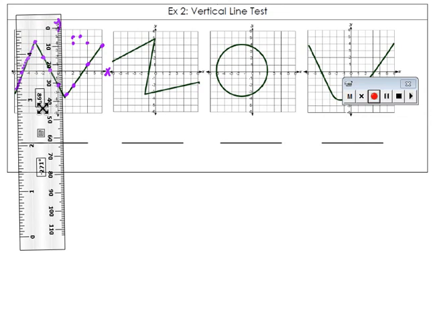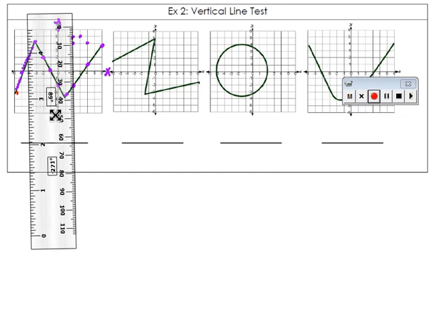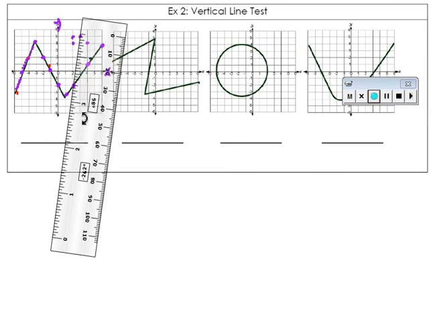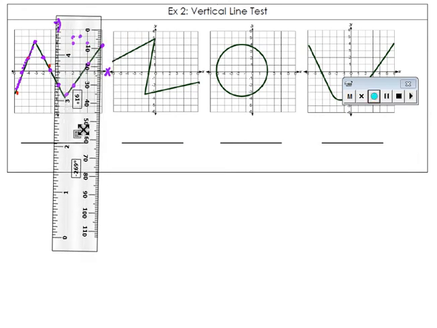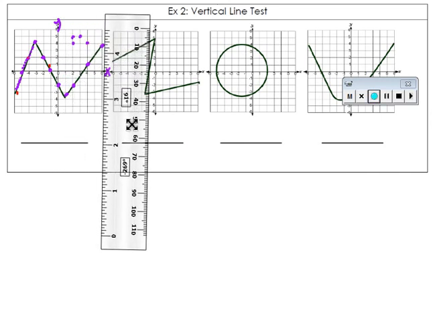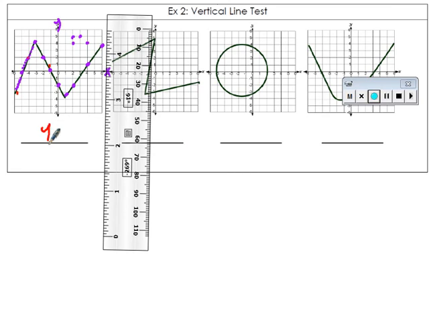At this point my pencil is touching only one point. If I move it here, the pencil is touching only one point. If I move it here, only one point. Throughout this graph, my pencil is touching only one point at a time. Therefore, the first graph is yes, a function.